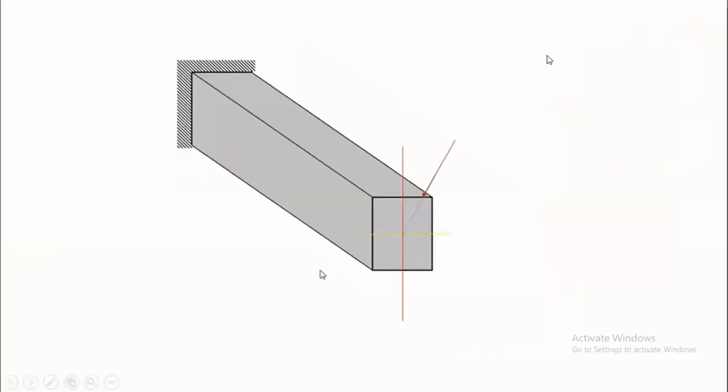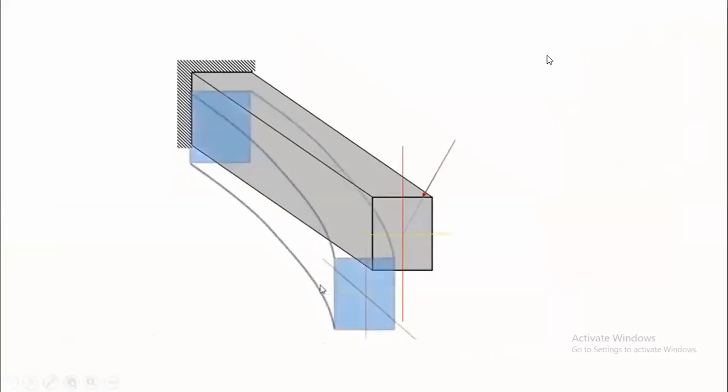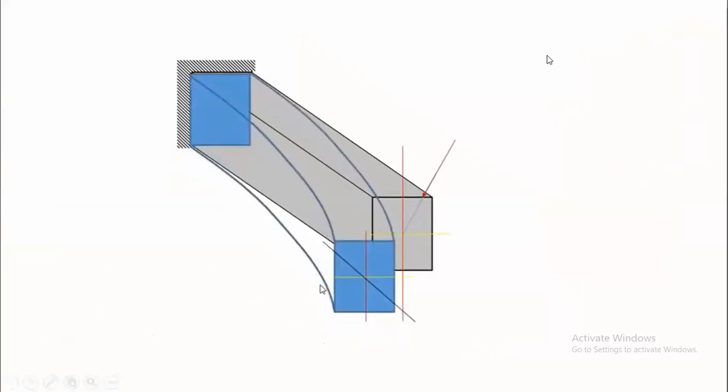Now you see here, this is the representation. After application of the load, it is going to deflect like this. Here, the x-axis originally was here, it has moved to x dash, and the y-axis originally was here, moved to y dash. So the bending is taking place simultaneously about the x-axis and y-axis.